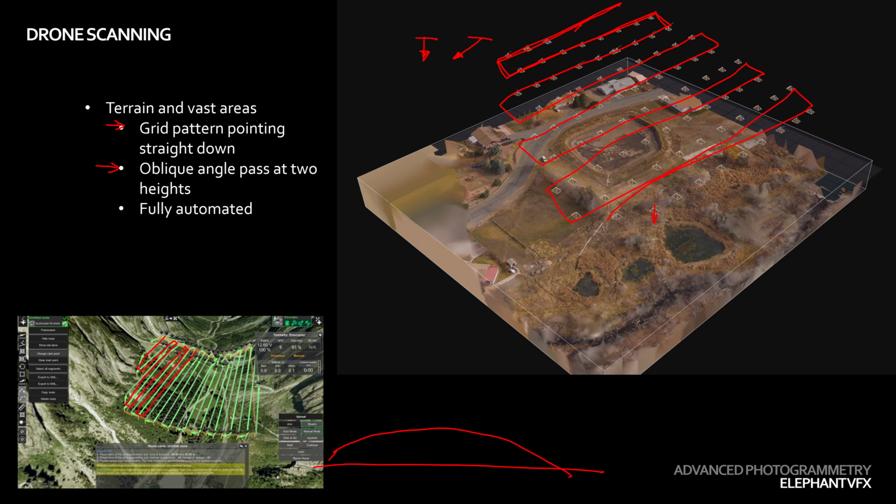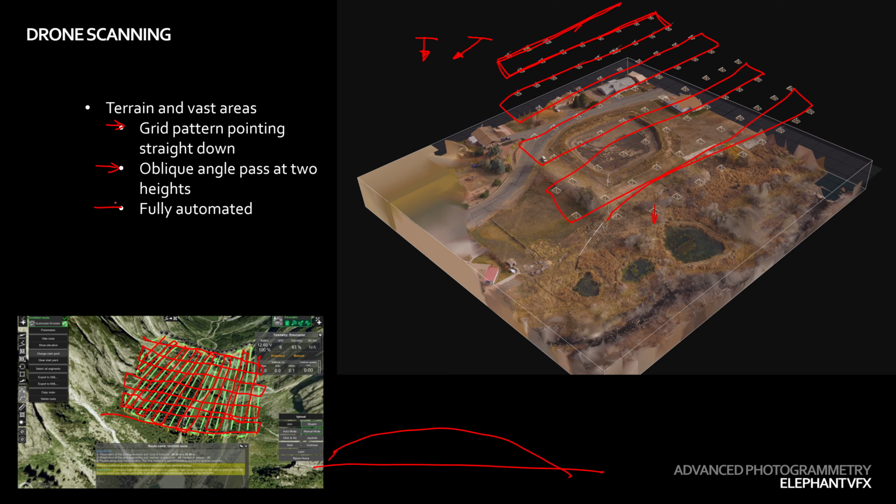And the same as I mentioned before, if you have the time, I will do also another extra pass in the other direction. So we'll do something like this. But again, if you're doing a big terrain, this might take easily like 3 hours to scan. So only if you have the time.